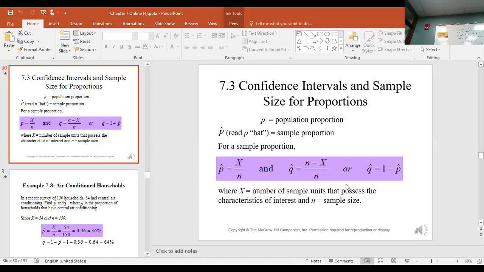As we have been doing, we want to know the margin of error. We can use the Z distribution to compute the margin of error, which is E equal to Z alpha over 2 times the square root of p hat q hat over n.